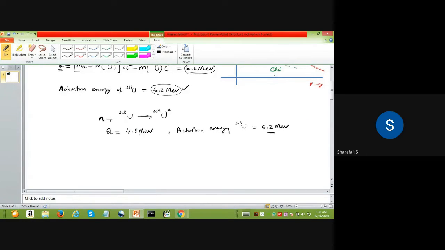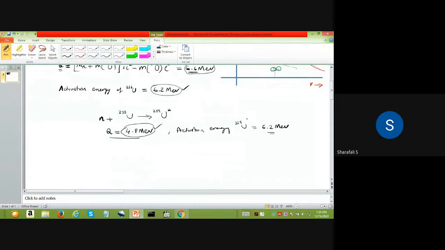Okay, so here you see the Q value is 4.8 mega electron volt, which means that the energy of this excited state from the ground state is 4.8 mega electron volt. So from the ground state it has this much energy for uranium 239. It is in the excited state with energy 4.8 mega electron volt more than the ground state energy level.